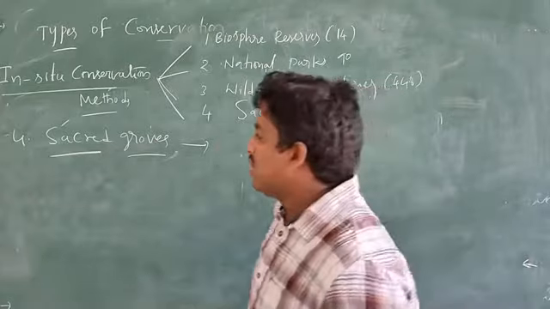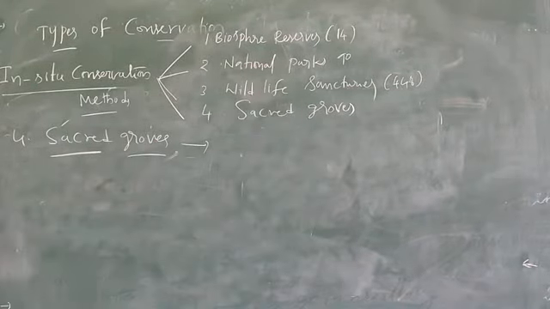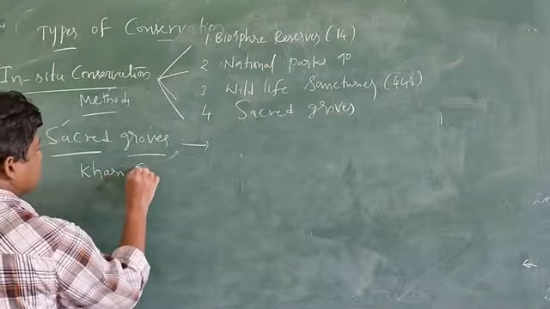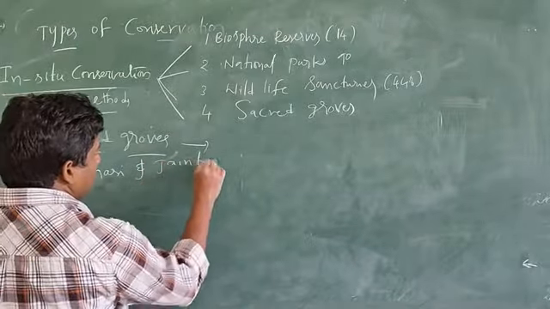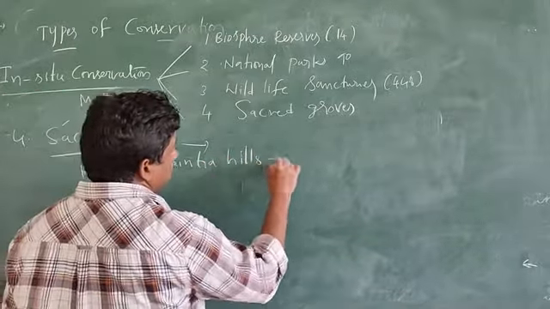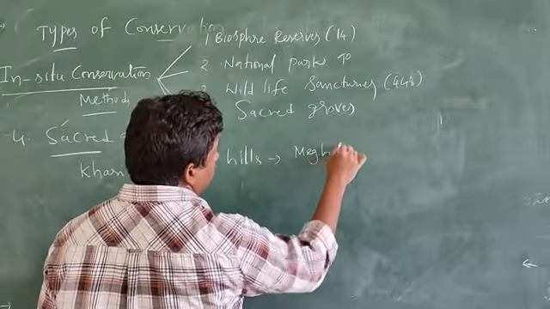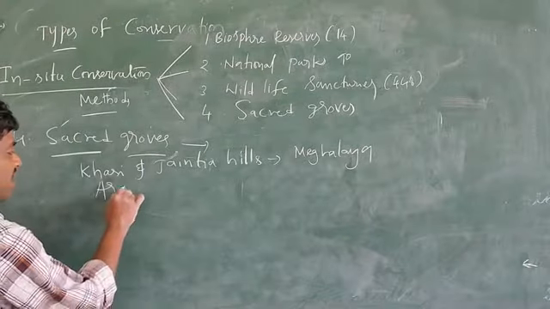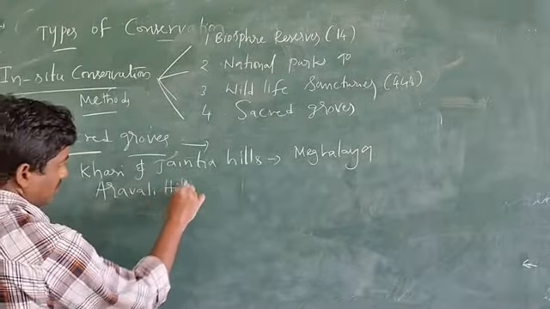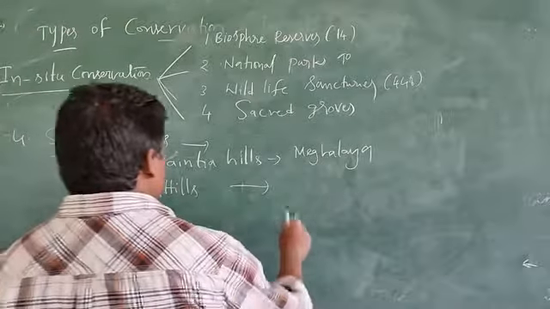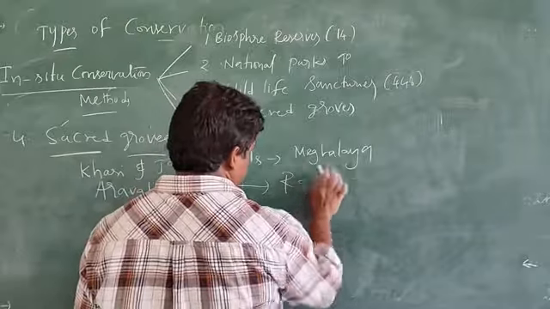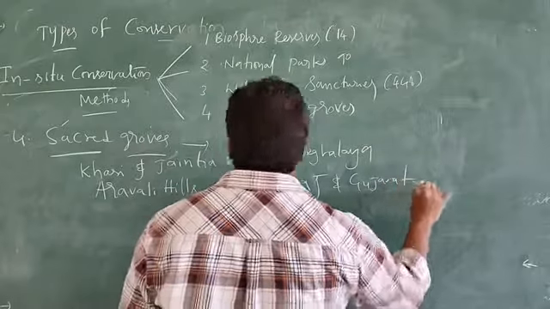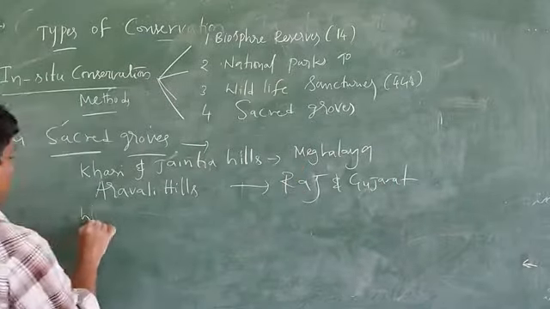Nowadays you can see where they are located. Mainly you can see examples in the Khasi and Jaintia Hills, Meghalaya, and the Aravali Hills, mainly in Rajasthan and Gujarat, and one more, the Western Ghats.